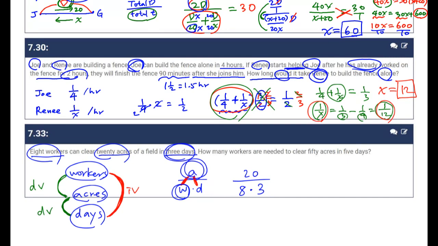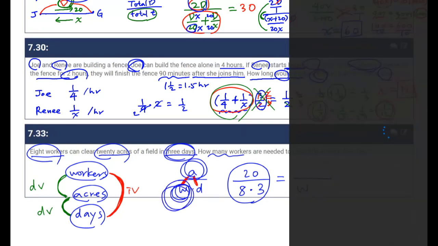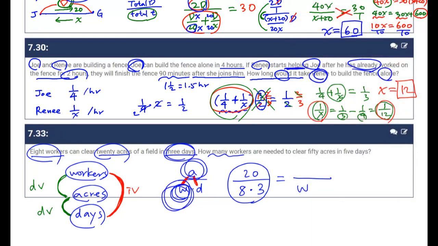And this number should stay the same all the time. Now, how many workers? That's asking W. Needed to clear 50 acres. That's on the top. In 5 days. That's D. So that's 5 right there.